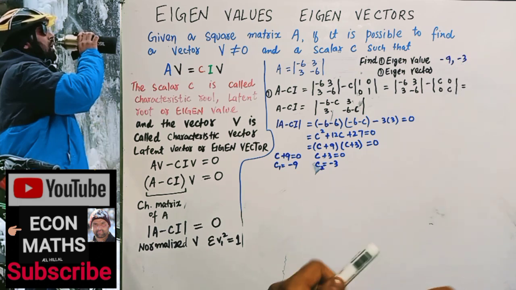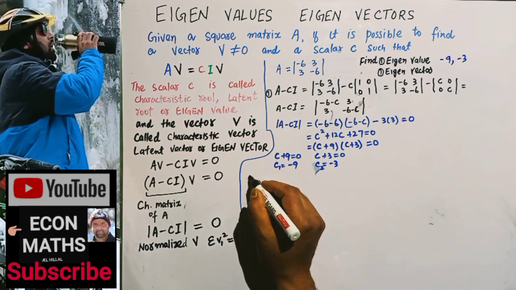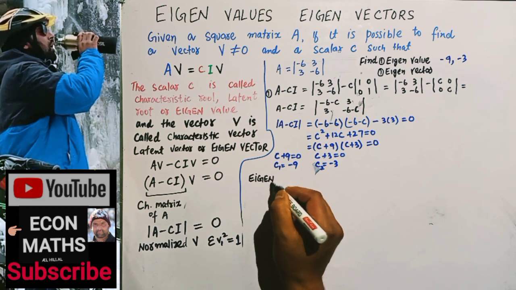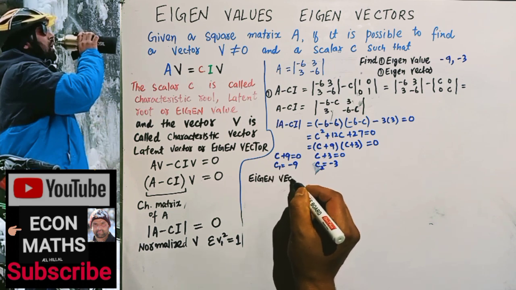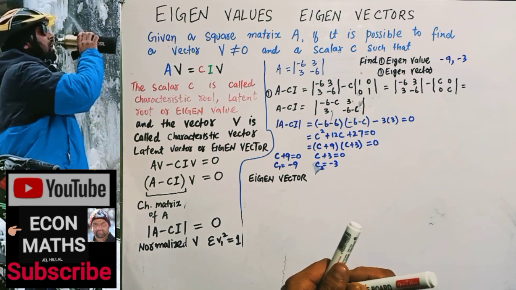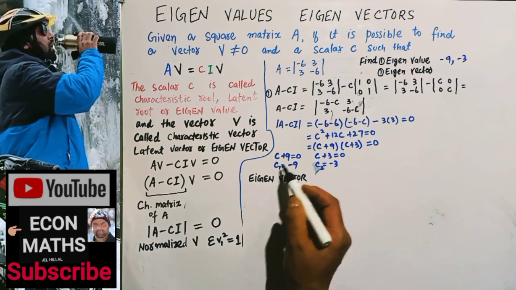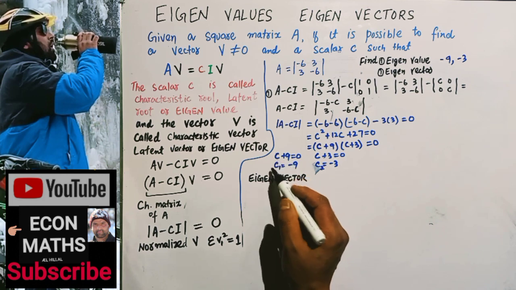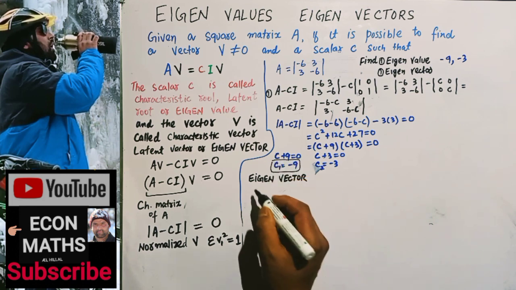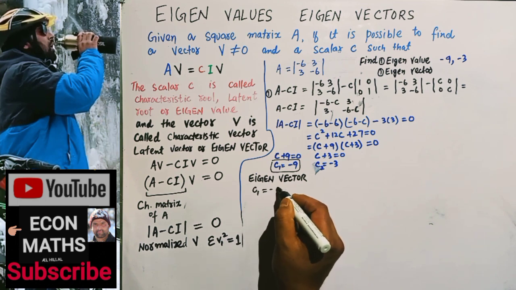Now next is to find the eigenvector. How do we find the eigenvector? We will put in one characteristic root, or one eigenvalue, first. So let us put C1 is equal to minus 9.